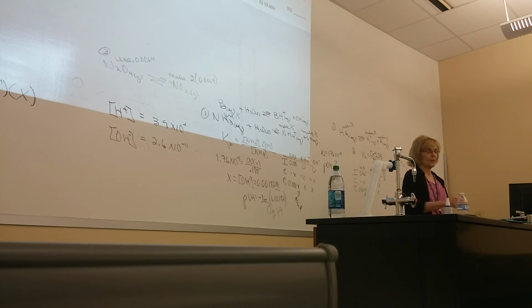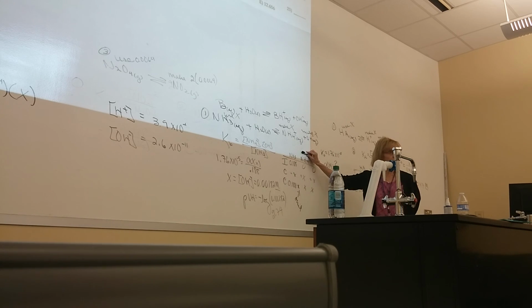Do you see how this one could have asked you for pH? Because you know pH plus pOH is 14. So when you have a weak base problem, they could ask what's the hydroxide ion, what's the hydrogen ion, a Kw problem, what's the pH or what's the pOH.